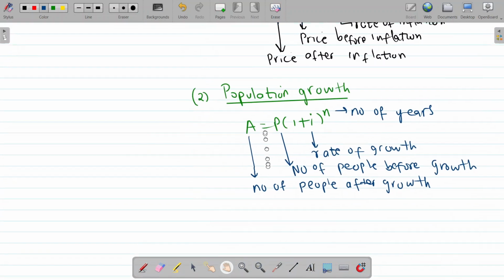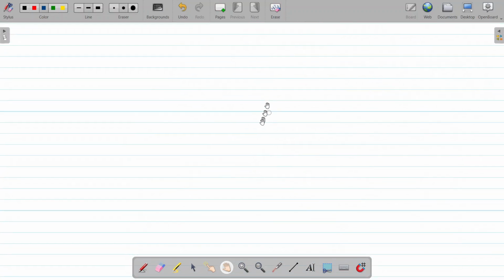Now, graphically, if we would draw the graph representing compound interest and another one representing simple interest, our graphs would be like this.